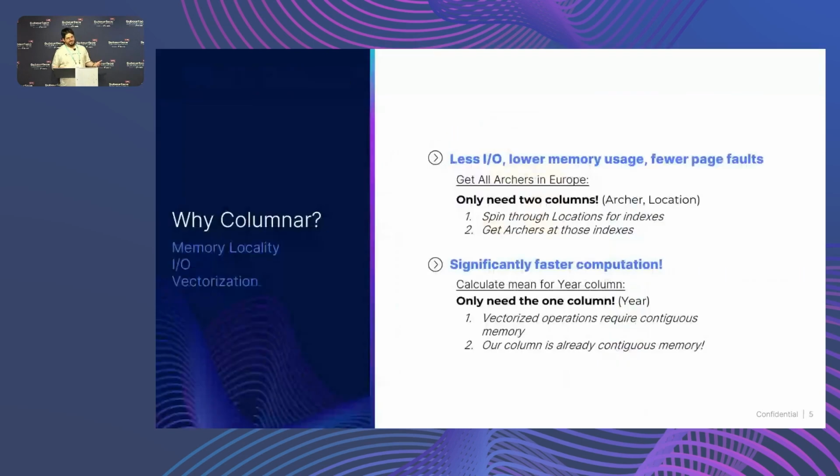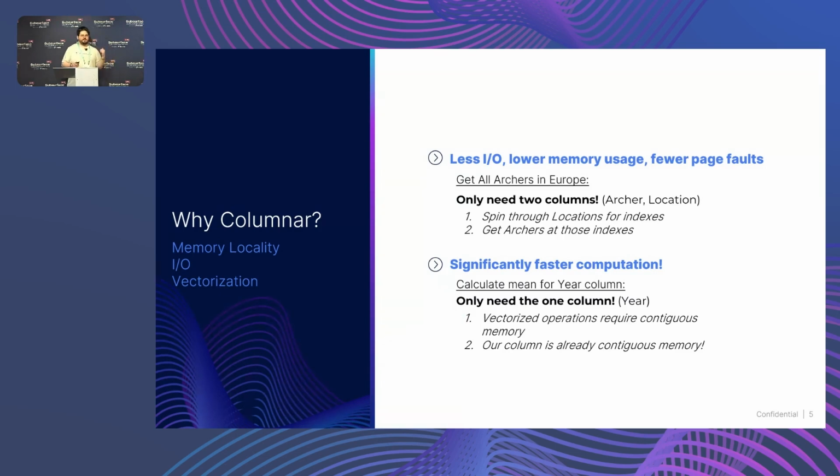Why would you do this? Because for analytical workflows and computational access, you're going to get better I/O, lower memory usage, fewer page faults at the CPU level. You can fit things in cache better.